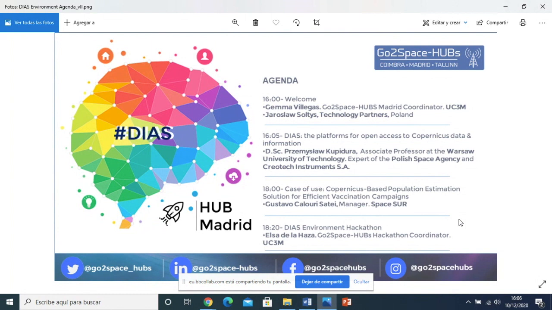After that, a space tour company will share their project based on Copernicus as an example of the possible uses of Copernicus. And finally, last but not least, Elsa de la Haza will explain the DIAS Environment Hackathon and other relevant events around the DIAS platform at the GoToSpace Hub project.